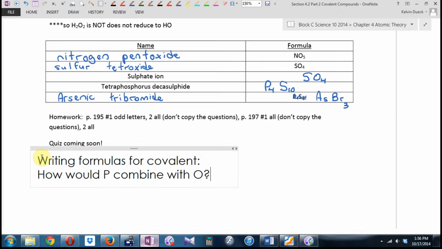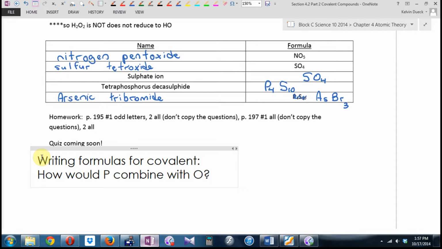What if they don't give you the name or the formula? They just tell you what it's made out of, and you've got to figure out how many of each. Turns out, the nice thing is, the crisscross rule still works, just don't reduce.